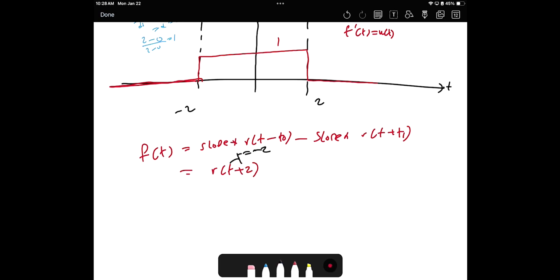Then subtract r of t deactivated at t equal 2, so here t equals 2. That's f of t. Then if we need to calculate the derivative, f bar of t, it is u of t plus 2 minus u of t minus 2.